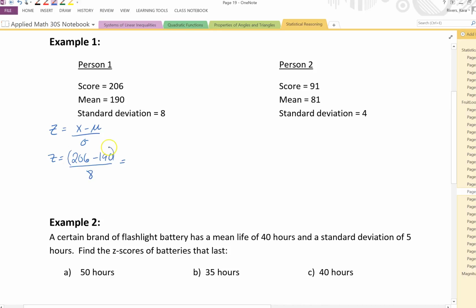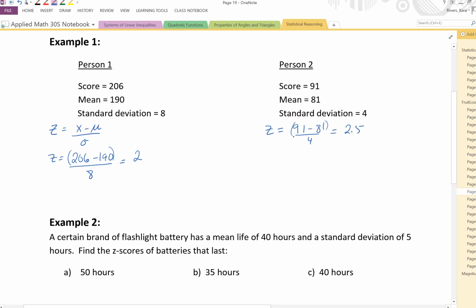Make sure you're using brackets in your calculator, or the calculator isn't going to use order of operations. And you should get a Z-score of 2. Now for this other one, we'd have 91 minus 81 divided by 4, and we get a Z-score of 2.5.